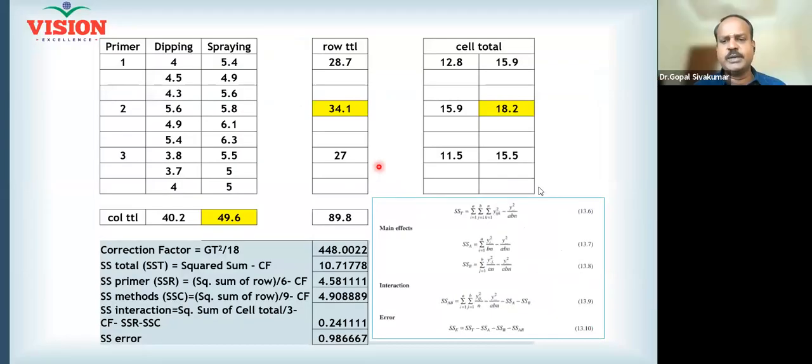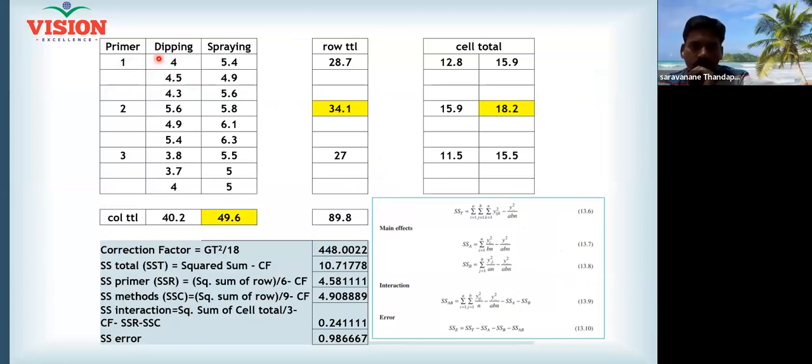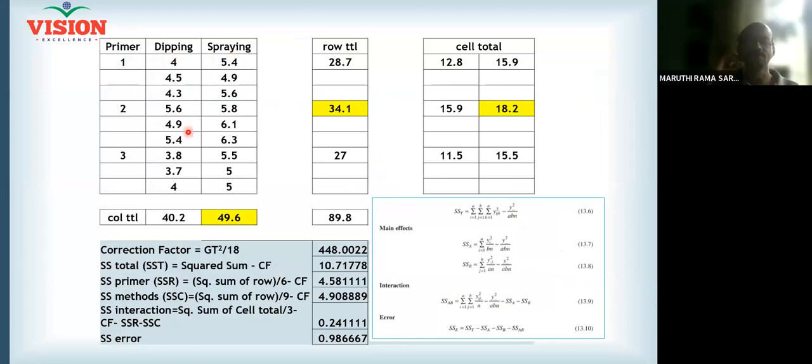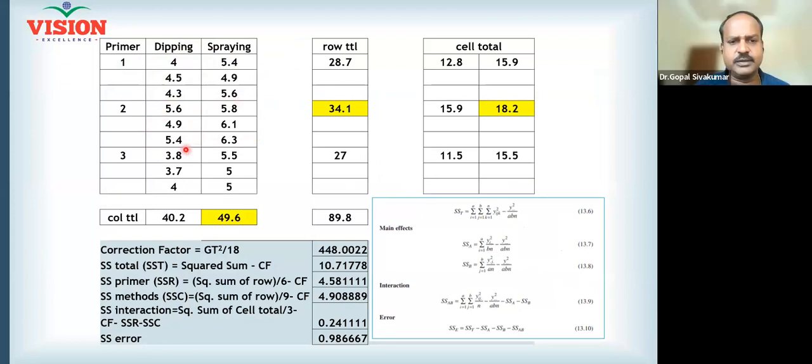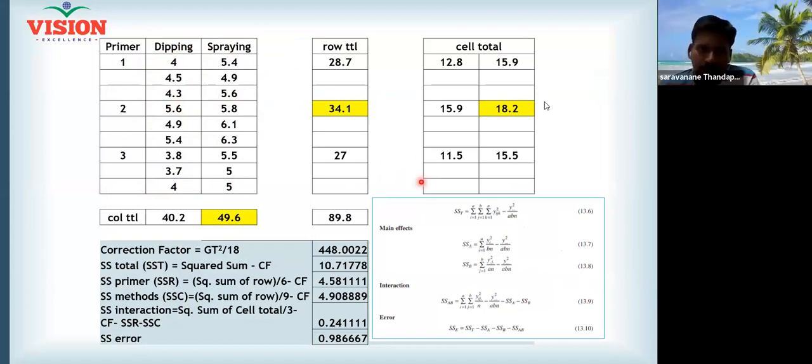Look here, how many experiments are conducted? For every combination, 3 experiments. So totally how many experiments? 18 experiments. 18 experiments are conducted, 18 readings are available. Each reading talks about the adhesion force.